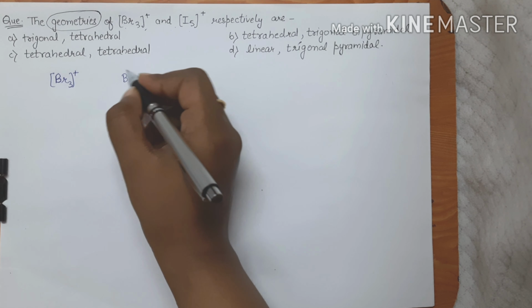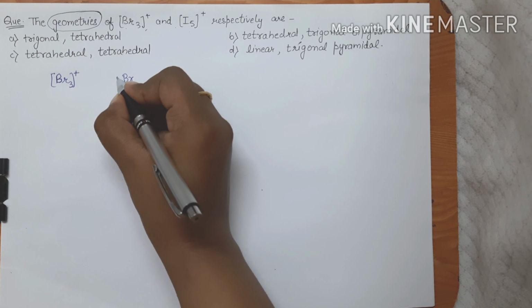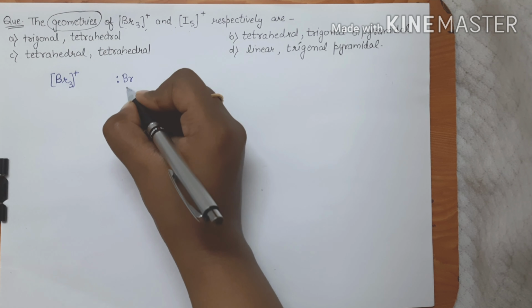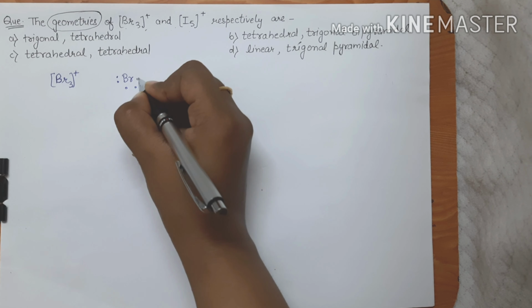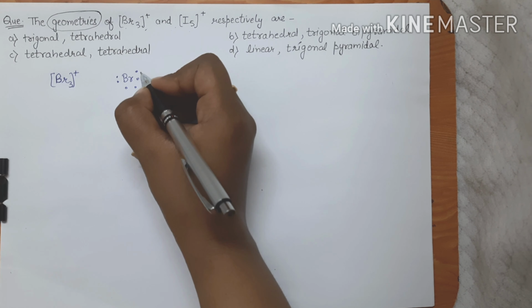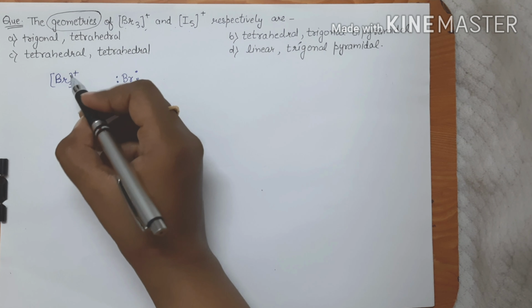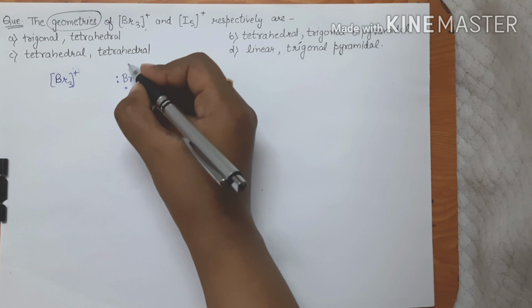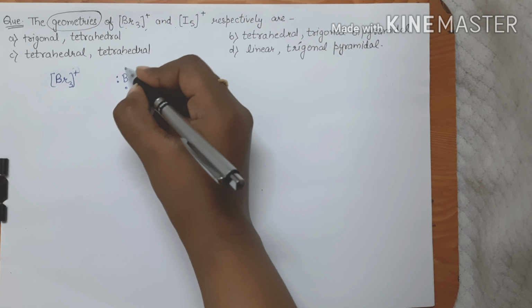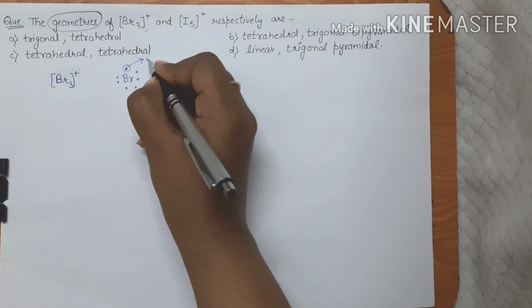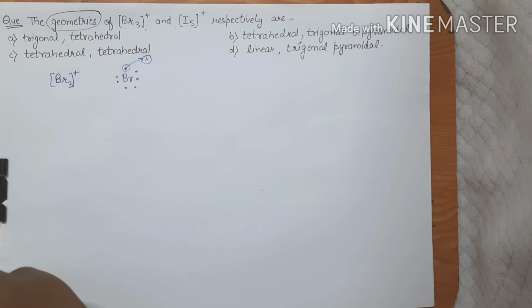Since this is a halogen, it will be having 1 2 3 4 5 6 and 7, but because it is having a positive charge, one electron, the 7th electron, will be donated because of the positive charge, right?